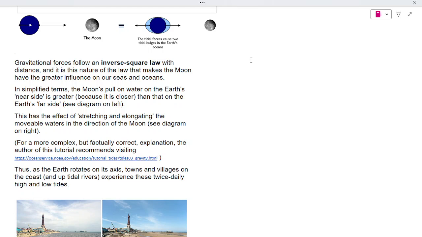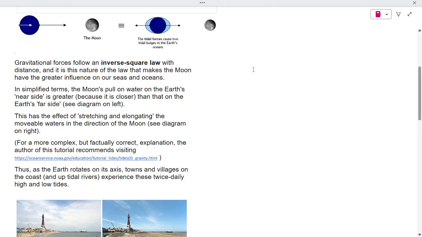Now, this has the effect of causing the Earth's waters, to some extent the Earth as well, but we'll deal with that when we look at tidal forces on interesting bodies like Io, one of Jupiter's moons. So, where were we? This has the effect of effectively stretching the Earth, elongating it, as you can see by the diagram on the right. So the diagram on the right is the equivalent of the diagram on the left, and that's what the three little lines under each other mean. It's equivalent.